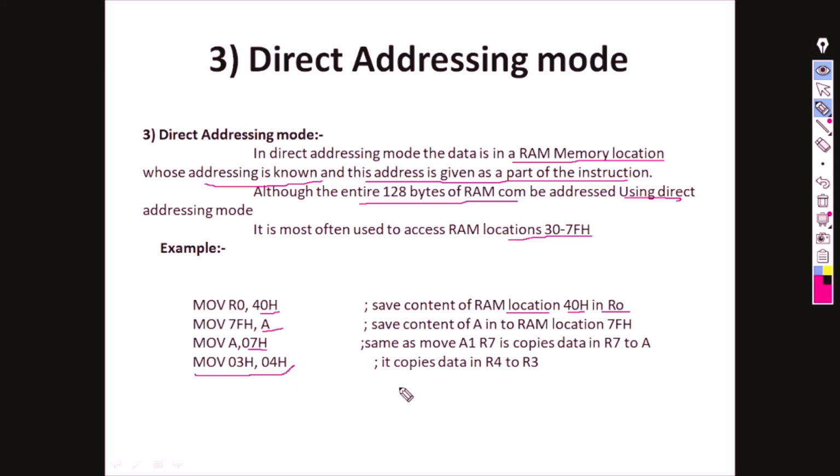Another very important thing is that if we use the hash symbol before data, like #40H, then this is the data value. If the hash is not mentioned, then this is a location.